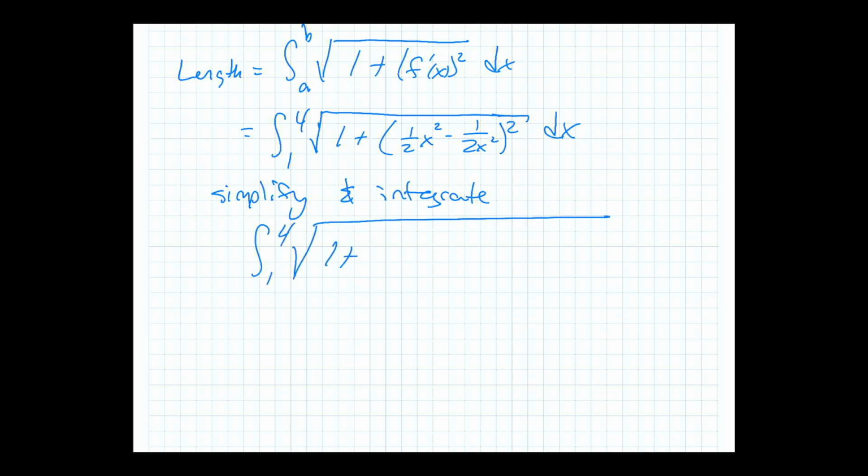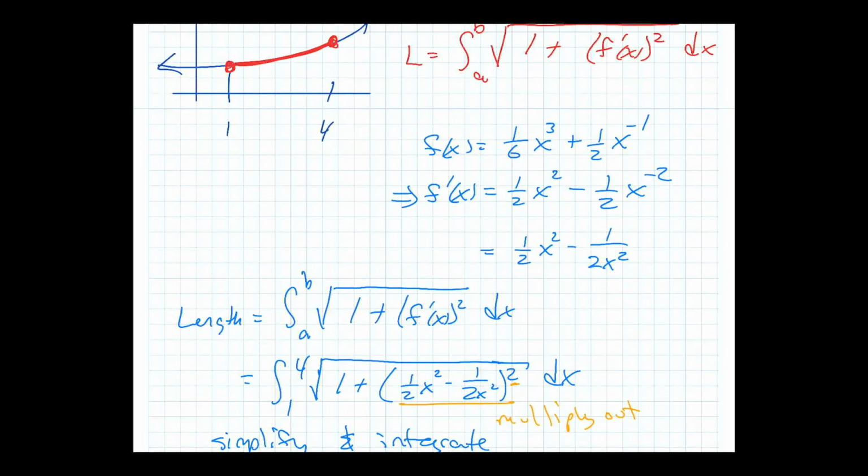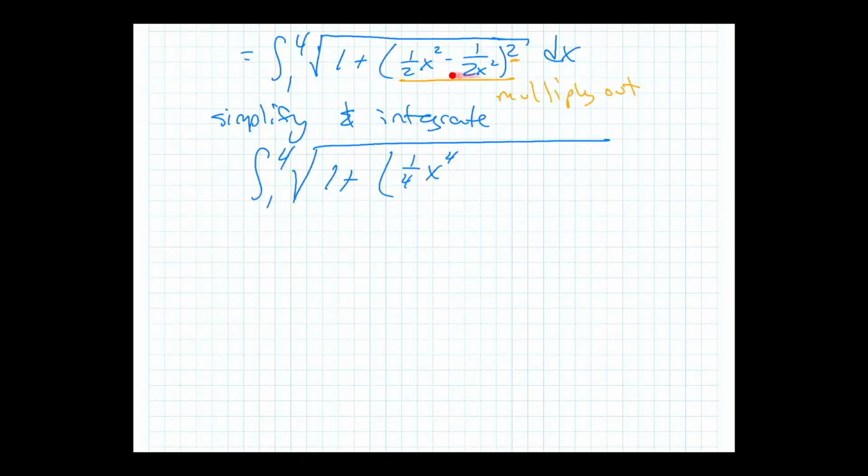So you've got to basically multiply this out, right, because you got the square there. So let's do that. You're going to end up with 1/4 x to the 4th. The middle term is going to be when you multiply these. So when you multiply these, you're going to get 1/2 times 1/2 is 1/4. And then the x squareds are going to cancel.